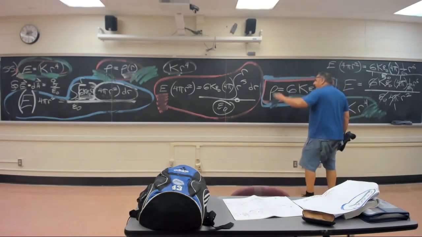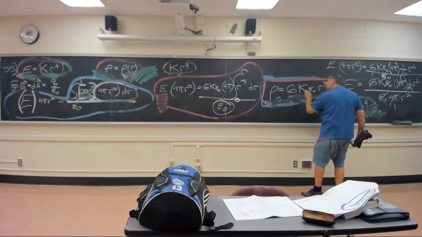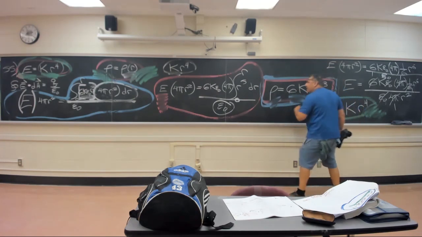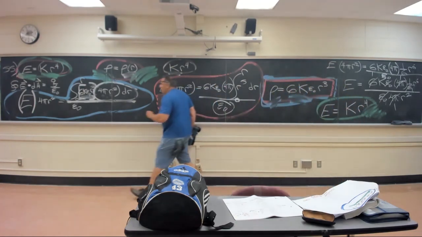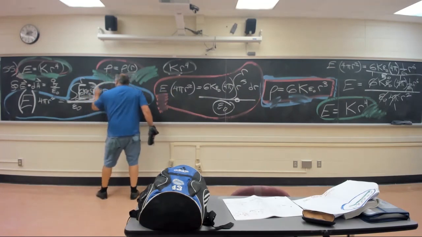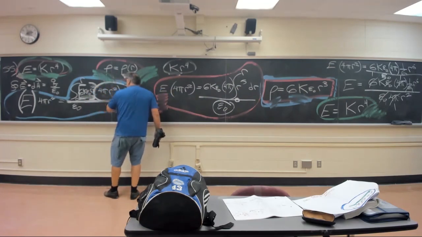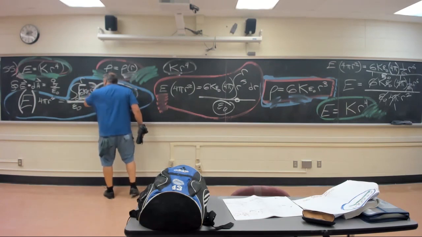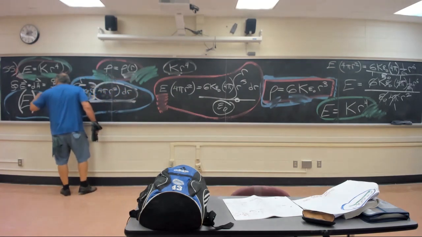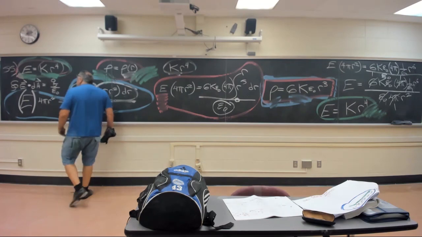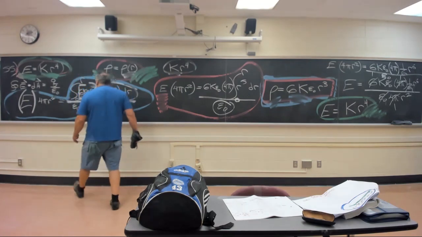Put another way, had they not told us that, but told us this, could you plug this rho right here times the differential volume element, 4 pi r squared dr, do the integral, which will give you Q. Q divided by epsilon naught is the E field times the area that encloses the charge.